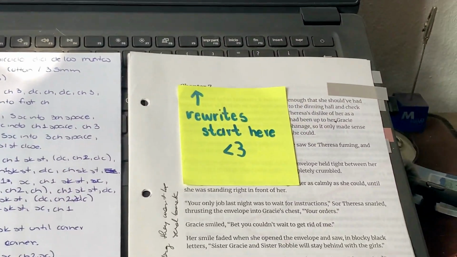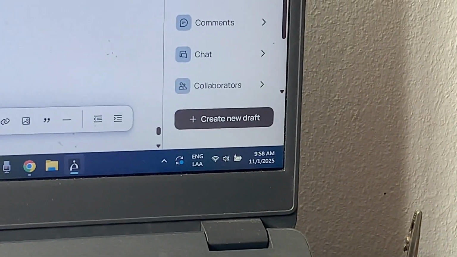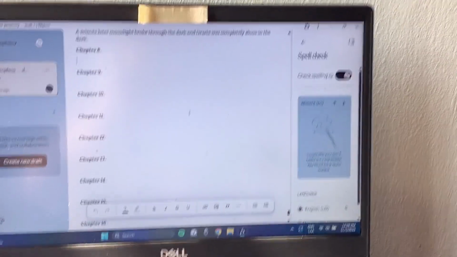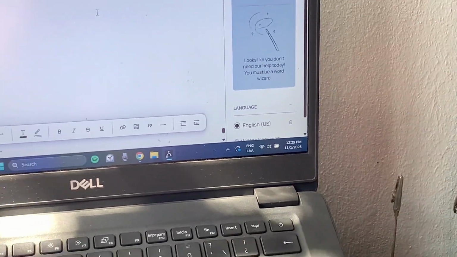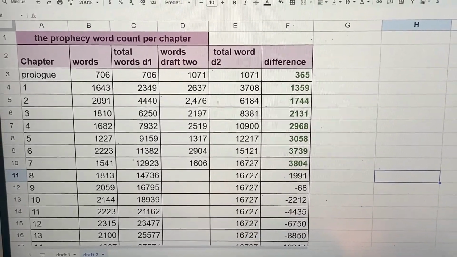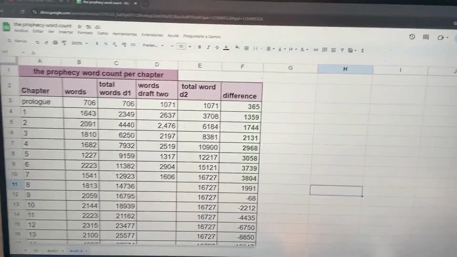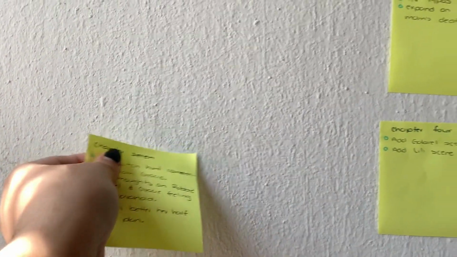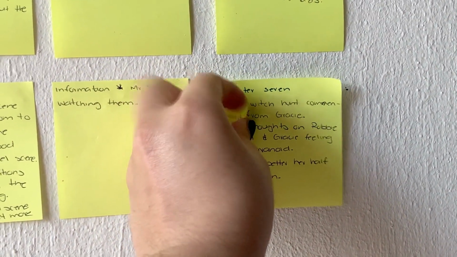And we have the ring finger, which is going to give us the main character's moment of doubt and or change and what sets them off to the final confrontation.